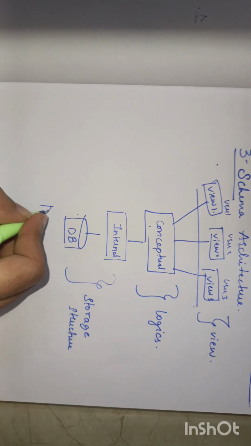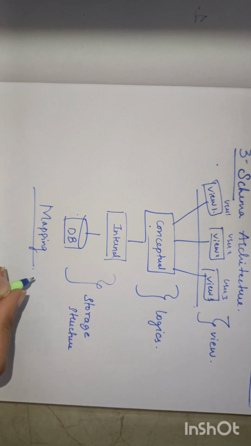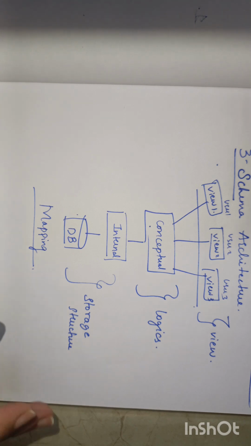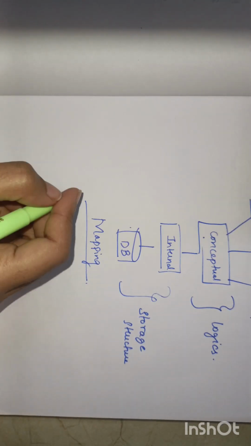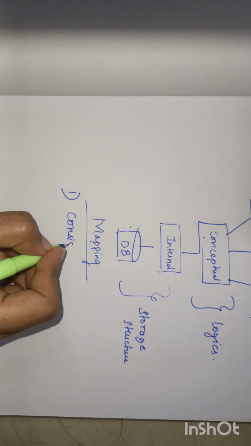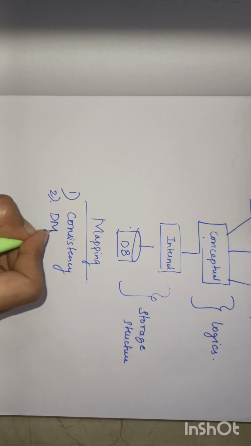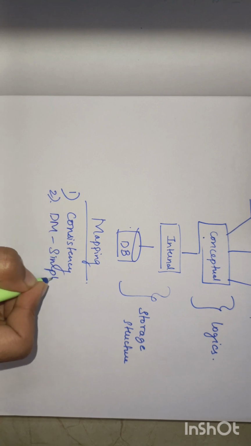This kind of mapping is important because we can maintain consistency and integrity of the data. Also, we can maintain the consistency in the data. Database management can be simpler.